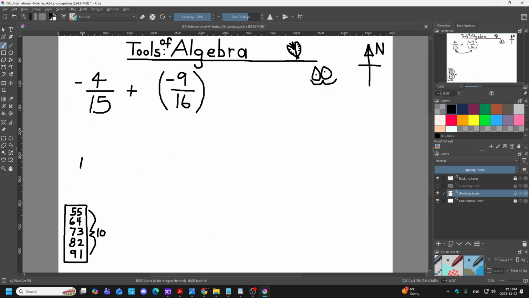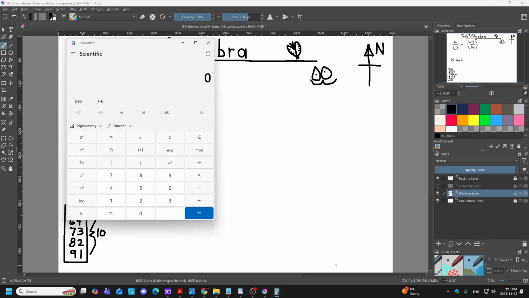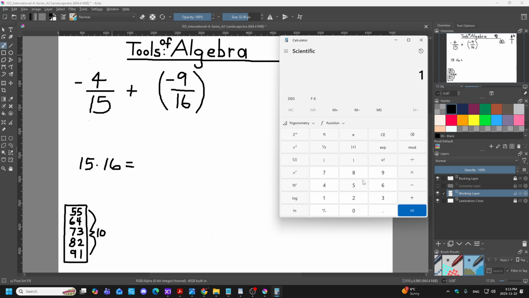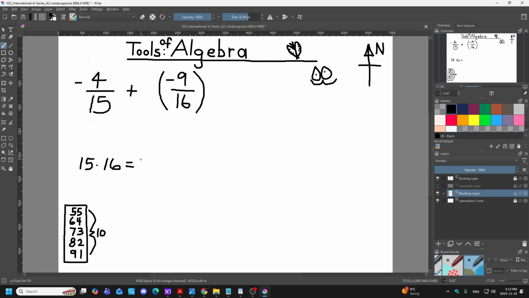So if I go like this, 15 times 16, that's going to give us what? So let's do this on a calculator to try to save some time. 15 times 16, 240. Okay, which is a nice even number, which is factorable and reducible. 240.